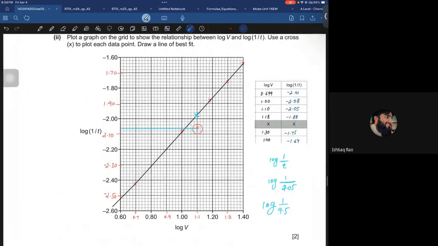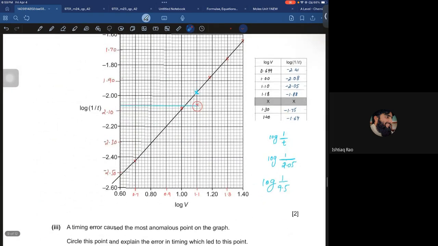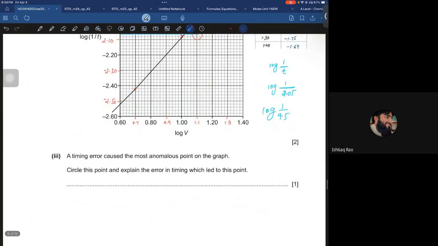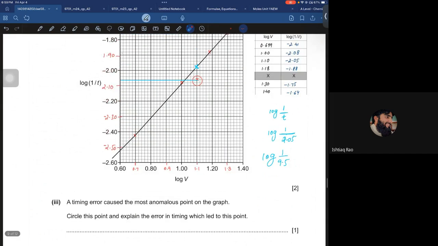So what does it mean? Of course, the time should be lower. Why is this error happening? It might be possible that he or she has taken the time too early, or he or she stopped the stopwatch too late.